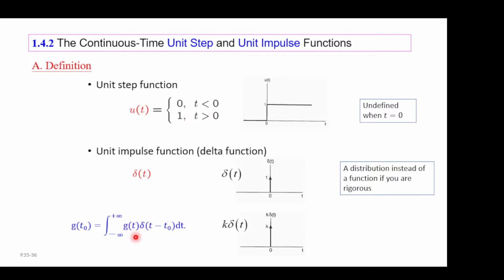In particular, if g of t is 1, then when you integrate your delta function, it will give you 1. And if you integrate k delta of t over 0, you will get k. Okay, so this delta function is very singular, but it's very useful. Any questions?